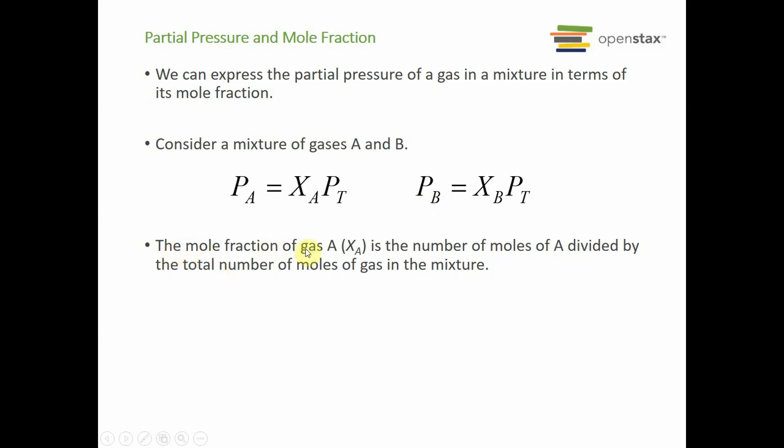The mole fraction of a gas is the number of moles of the gas divided by the total number of moles of gas in the mixture. And when we talk about the percent of oxygen and nitrogen in the atmosphere, we're talking mole fraction. It's just the convention that's used for gases.